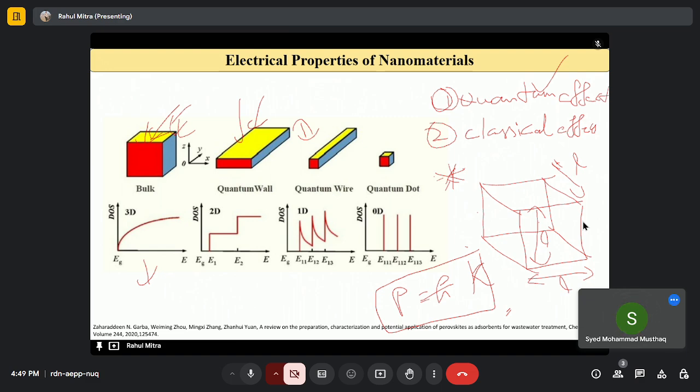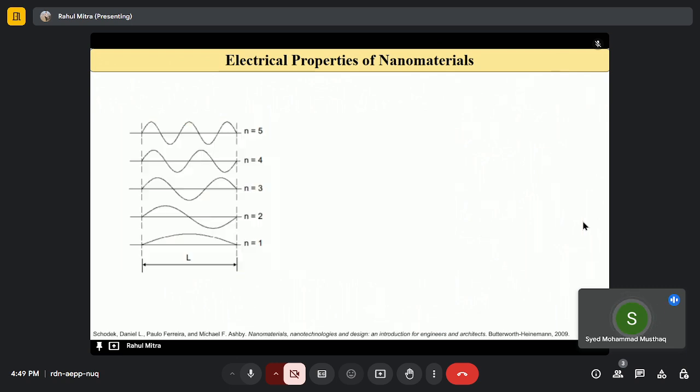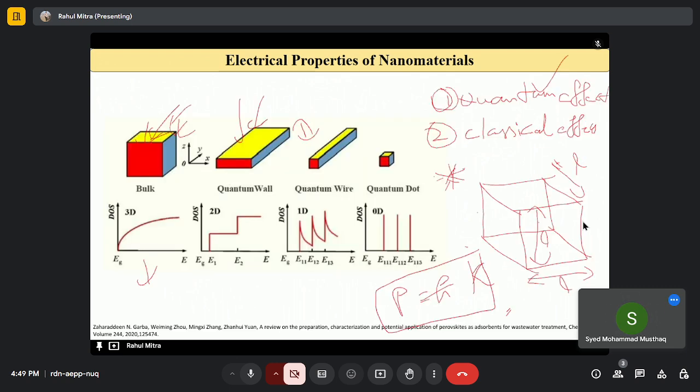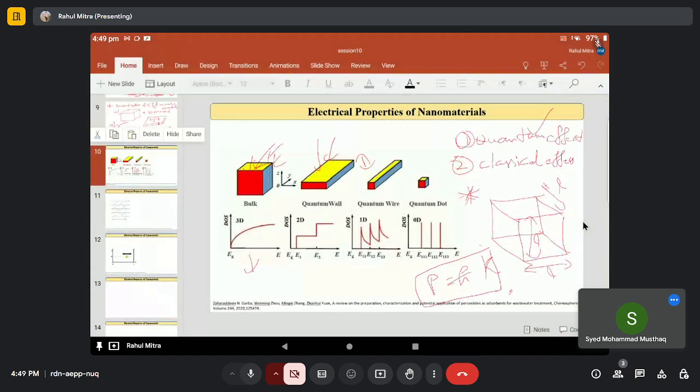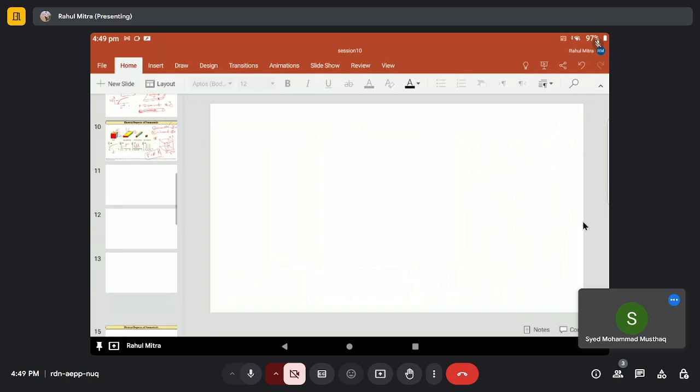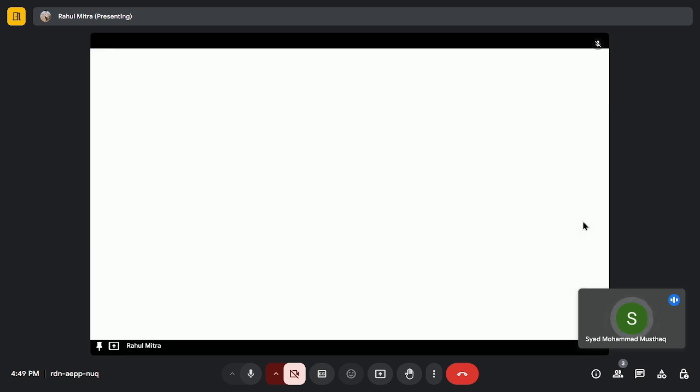Then in Fourier space, it looks like dots.